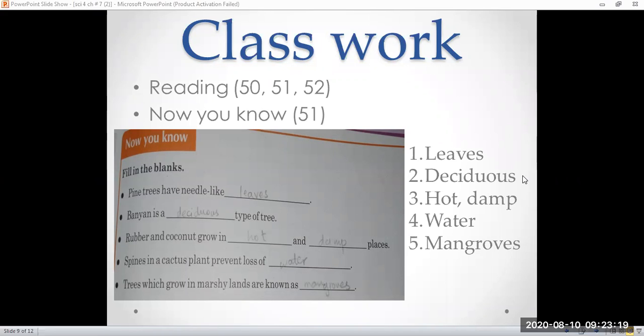In marshy lands, the soil is clay and covered with water. The roots of the trees that grow here do not get air from the soil, so they grow out of the soil and water to breathe.